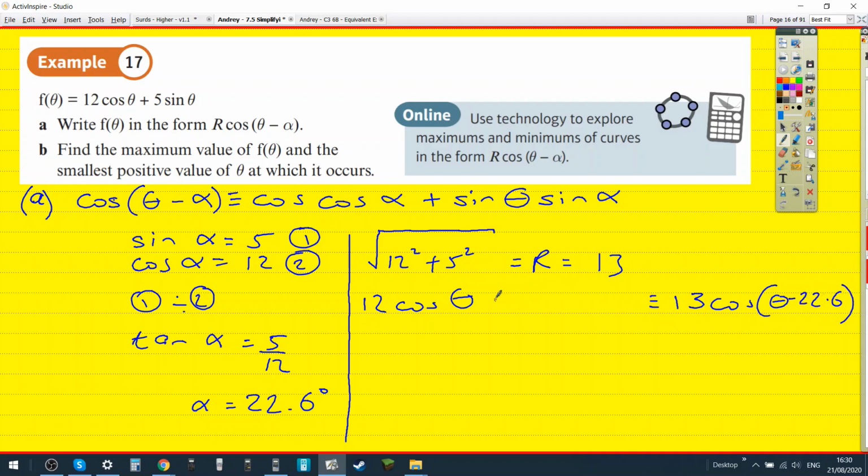And part B. Can I put it into my calculator, and then it can go into the graphing bit, and then it can tell the max and minimum value?